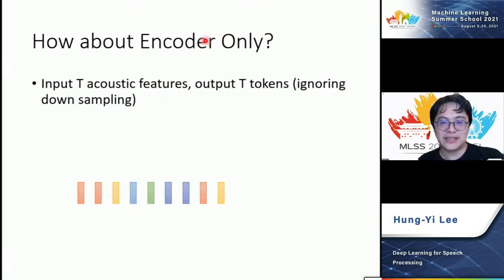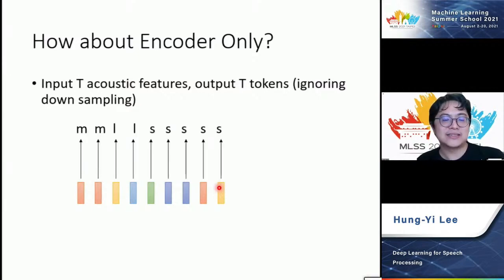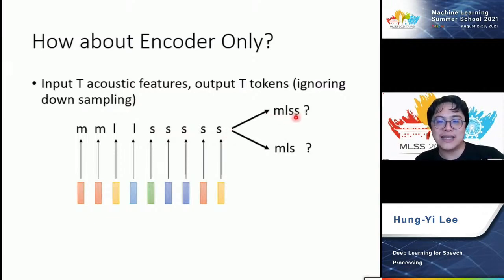Let's consider an example where we have 9 acoustic features. Without a decoder, the output will be exactly the same length as the input acoustic features. So input 9 acoustic features, the output will be 9 tokens. Let's say the output is N, N, L, L, and 5 consecutive S. If this is the output, you cannot interpret whether it is NLS or NLSS. You do not know whether these 5 consecutive S represent 2 S or just 1 S.